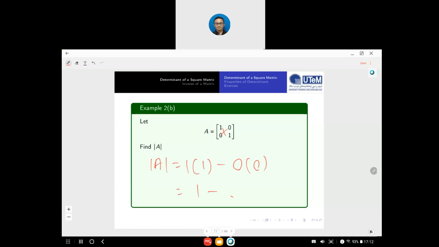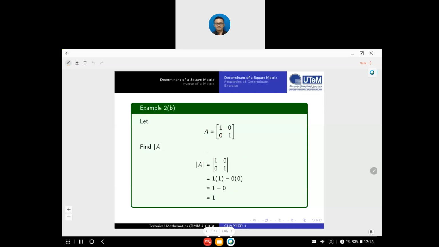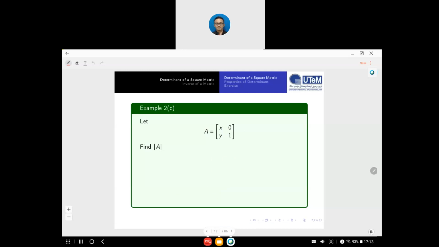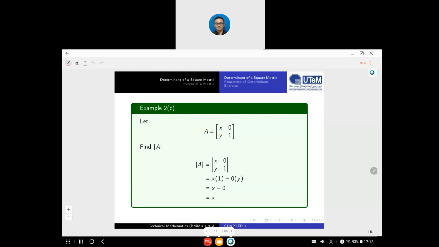So you get 1 minus 0 equals 1. Also the same if you have matrix A equal to x, 0, y, 1. To find the determinant, cross: x times 1 minus 0 times y. So you get x only.